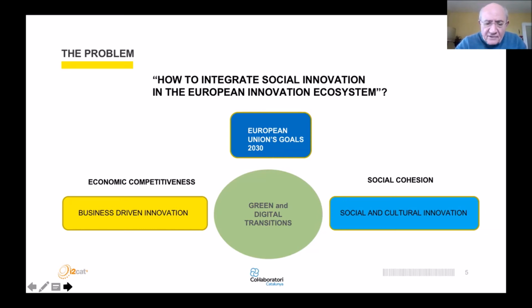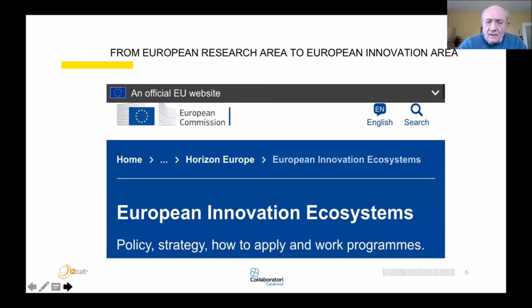As I mentioned before, we have this enormous challenge to develop from the European research area to the European innovation area, with enormous social engagement in this digital and green transition. Without this engagement, it will not be possible to develop these transitions. And that is concentrated in this idea of the European innovation ecosystem, how to build these European innovation ecosystems.